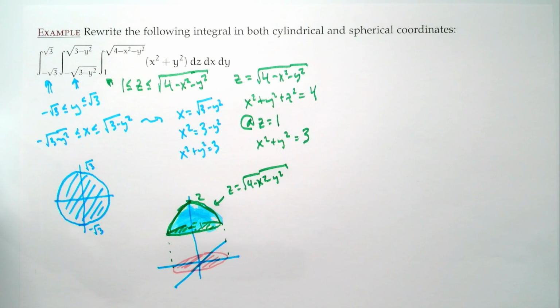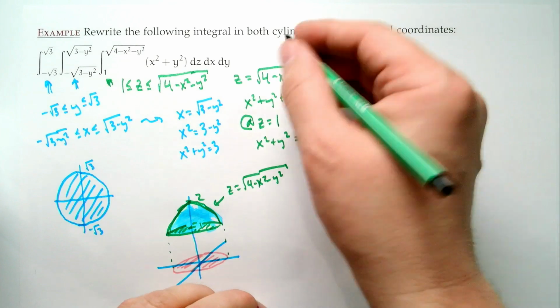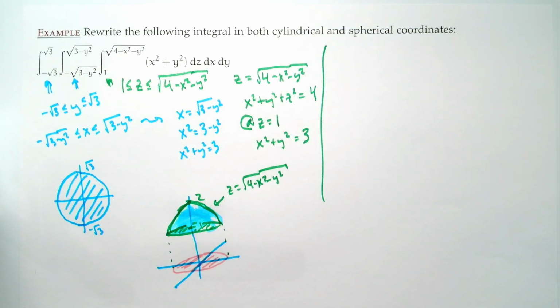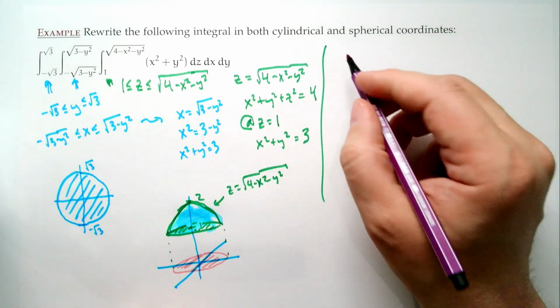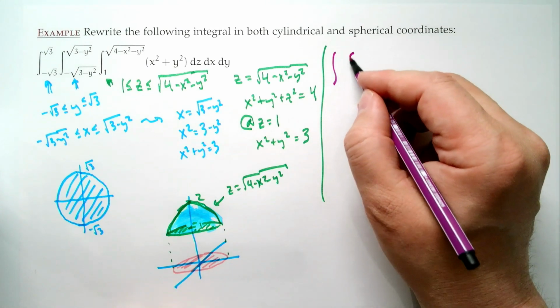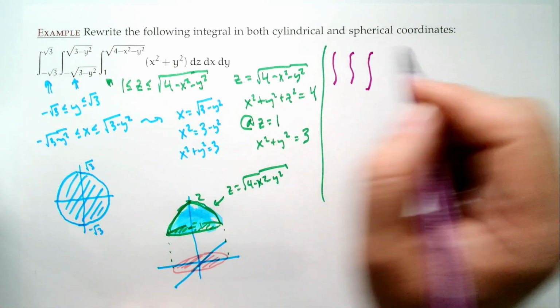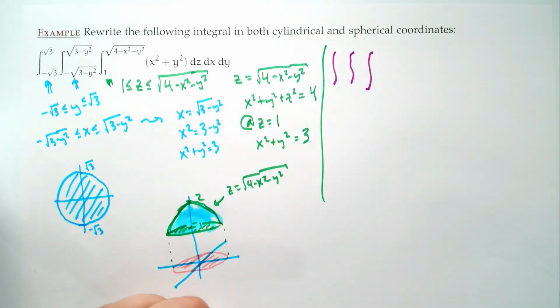All right. Well, which one first? Cylindrical or spherical? Cylindrical. I mean, it comes first in the problem. Okay, so if I'm doing cylindrical, integral, integral, integral, what would x squared plus y squared become?